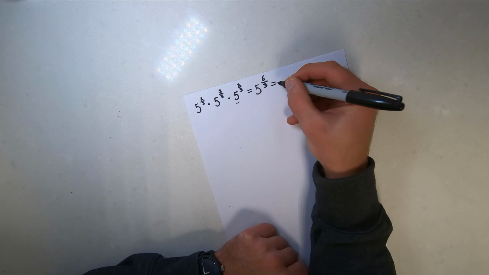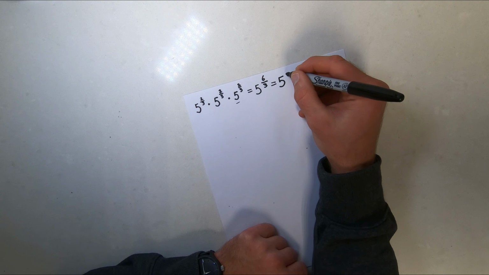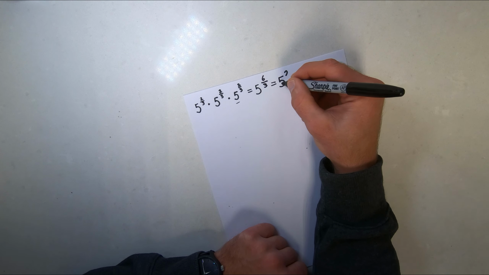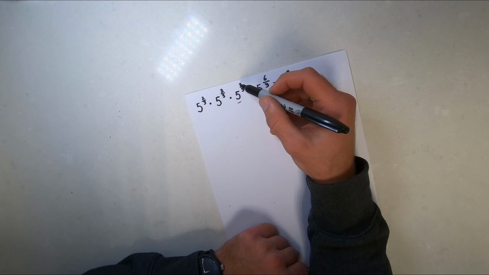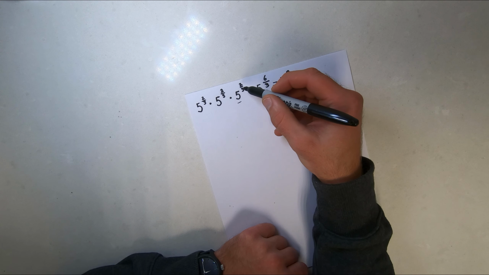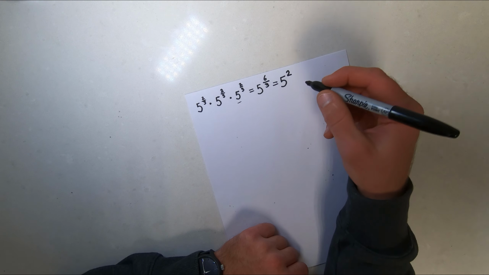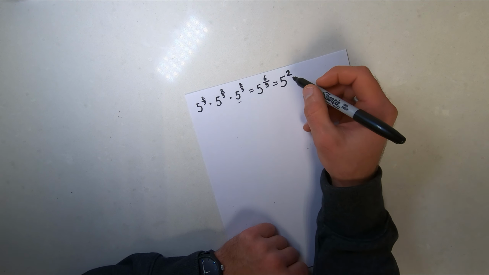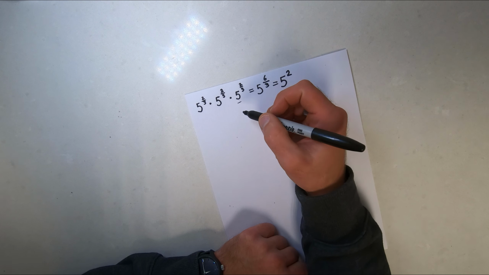Now we can simplify this: 3 goes into 6 2 times, so we get 5 to the second power. From this we can see that the numerator of the fractional exponent is the power of that number, or the exponent of that number. The 2 that we have here is the 2 that we have here.